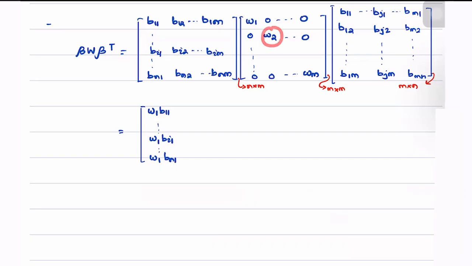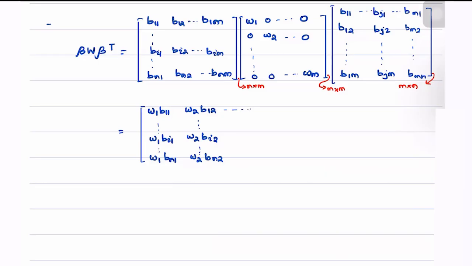Similarly, the second diagonal entry will scale the entries of the second column of B. So this will simply be W2 B12 going up to W2 BI2, and the last one would be W2 BN2.